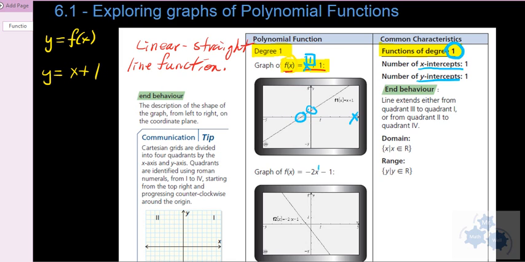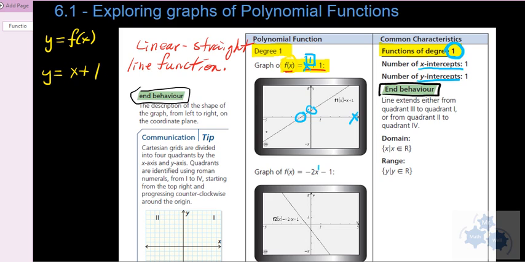We should talk about end behavior. It's explained sort of over here, although I don't really like this explanation, to tell you the truth. But this is in your textbooks. Let me read it, and I'll tell you what I would change. It says the description of the shape of the graph from left to right on the coordinate plane. I don't really like that word shape.